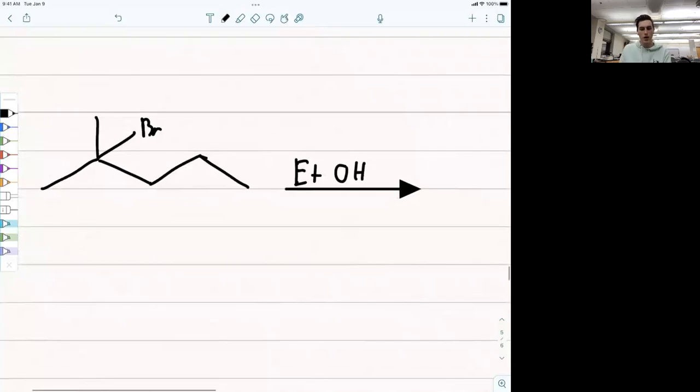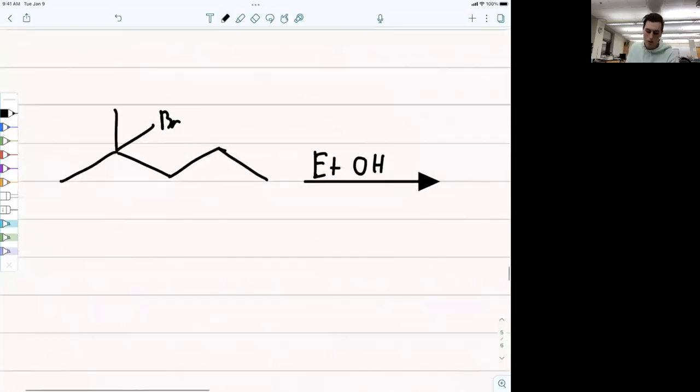So this is ethanol. And what will happen in this is I know that OH is going to be my weak neutral nucleophile. And I'll have my heterolysis of the leaving group. I'm going to abbreviate.